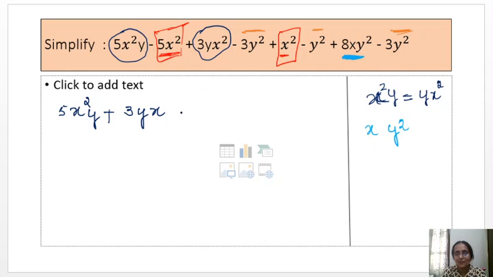Now the next term is, first identify, whenever you get the expression for simplification, you have to identify the like terms first like this. Then write the like terms together. My plus 3y square, okay, I have written.